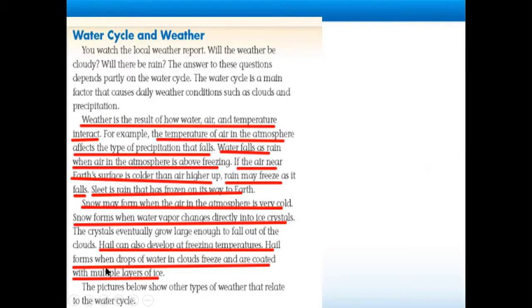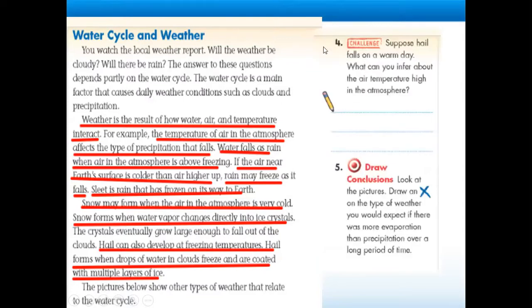Hail forms when drops of water in clouds freeze. The drops of water in clouds freeze and are coated with multiple layers of ice. So again, snow may form when the air in the atmosphere is very cold. Hail can also develop at freezing temperatures.